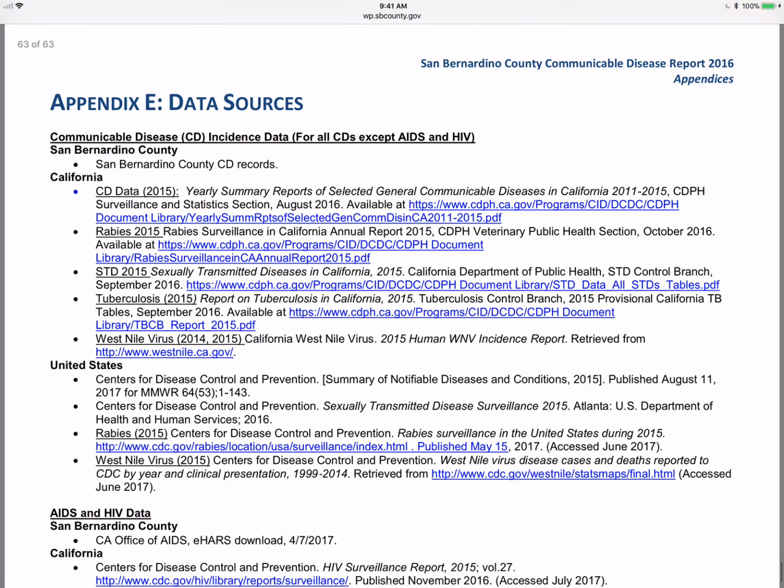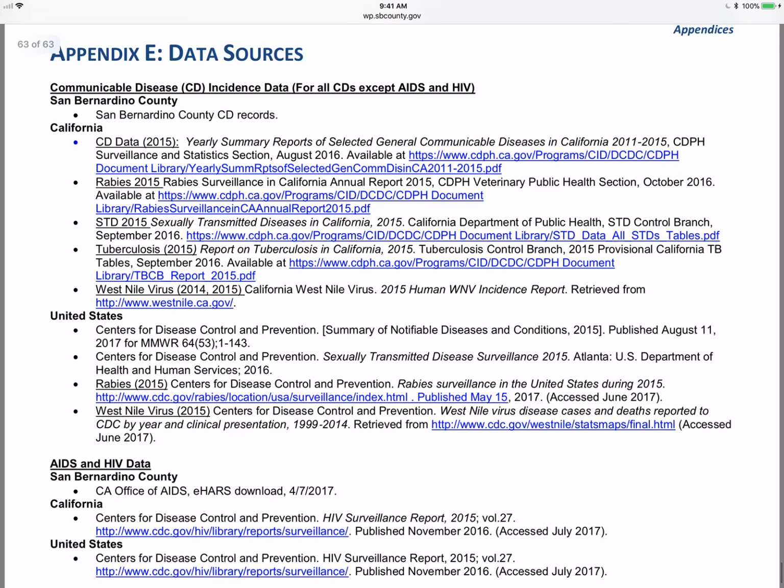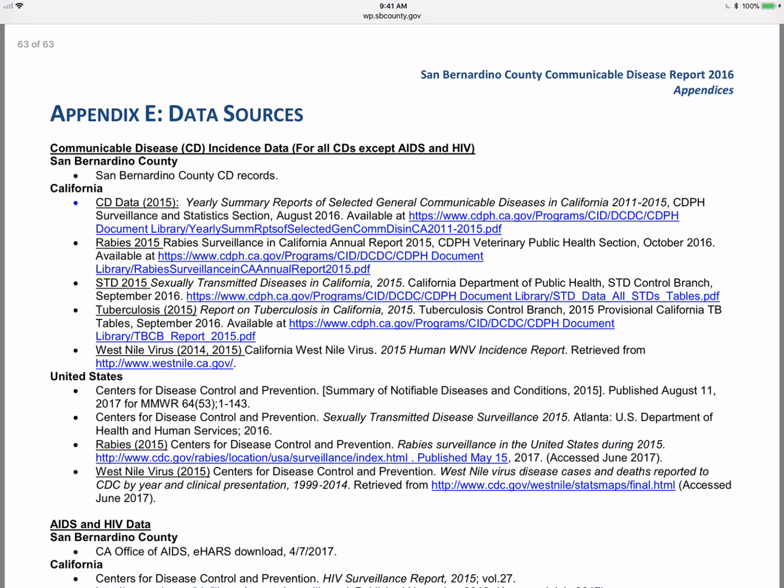For all of the diseases except for HIV, which has different data sources, so all these top ones, the incidence data came from San Bernardino County communicable disease records. So think about all of what would need to go into collecting the data for that. And compiling it.